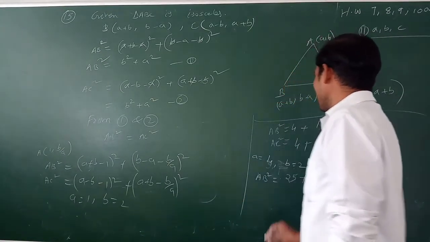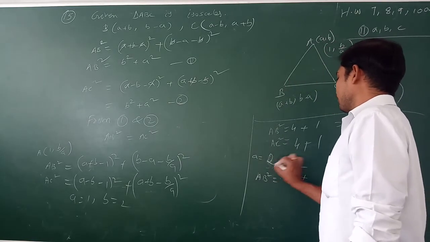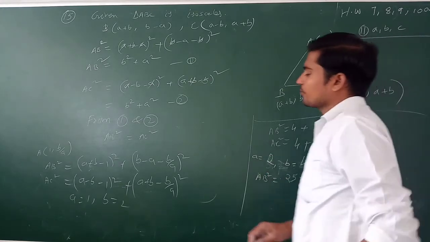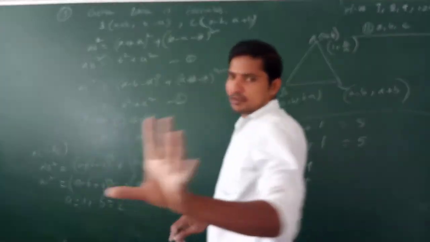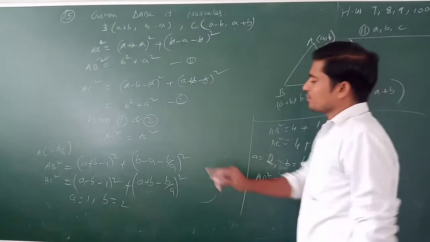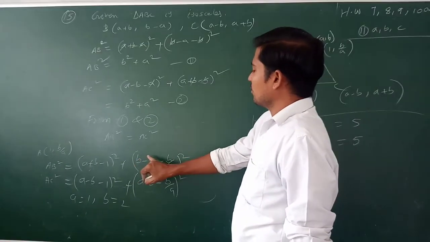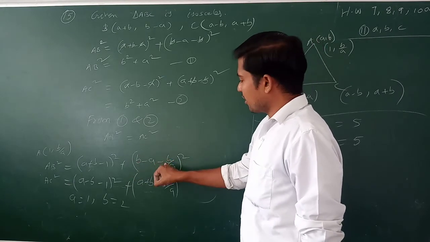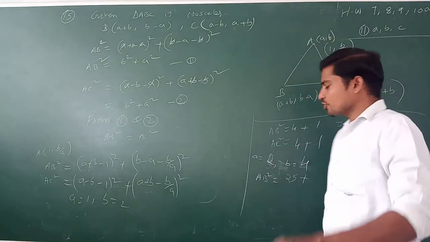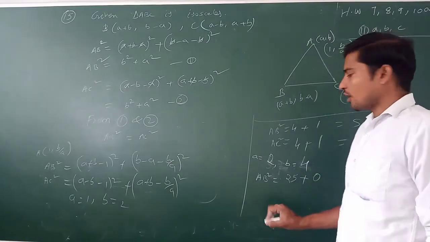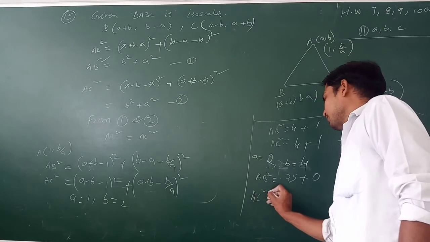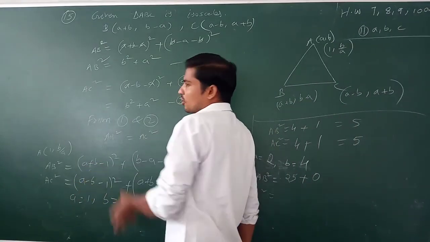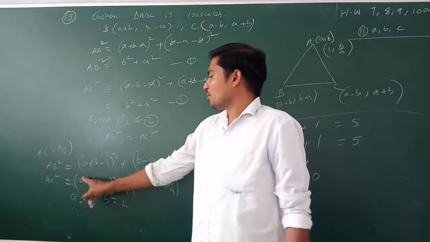Do one thing. A is equal to 2, B is equal to 4. Take like that. A is equal to 2 and B is equal to 4. So 5. Same answer. And then second case, B is equal to 4, A is equal to 2. Minus 2, minus 2, minus 4 and plus 4, which becomes 0. Right? Now AC square, A is equal to 2 and B is equal to 4. Minus 4.